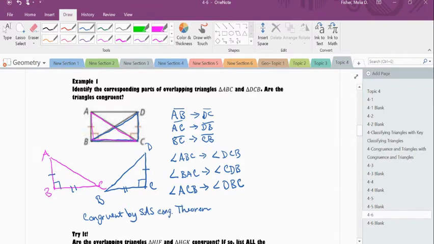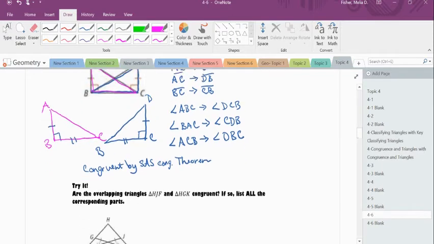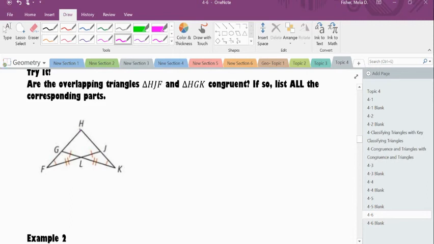Go ahead, pause the video and see if you can figure out the corresponding parts of HJF to determine if those are congruent. On the try it, you were trying to determine if this triangle, HJF, was congruent to this triangle right here.